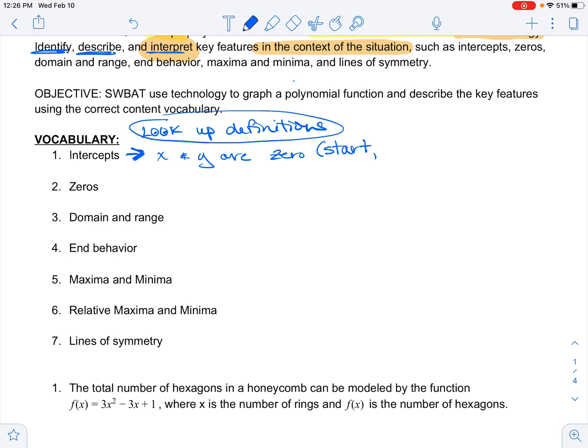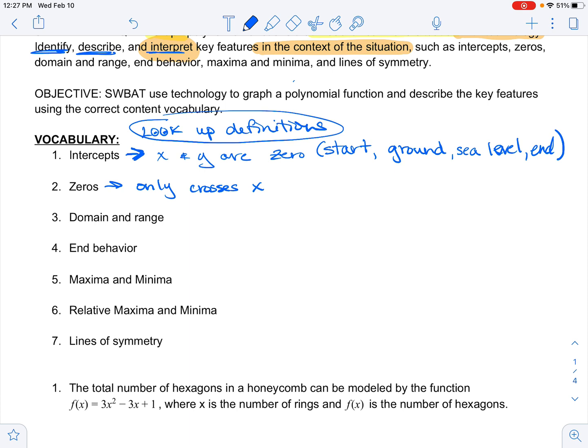So when it crosses the 0 for an x value, it's going to be like where it lands on the ground. So the y value is going to be the start, but it can also represent the ground. It can represent sea level. It can represent the end. Anything like that.